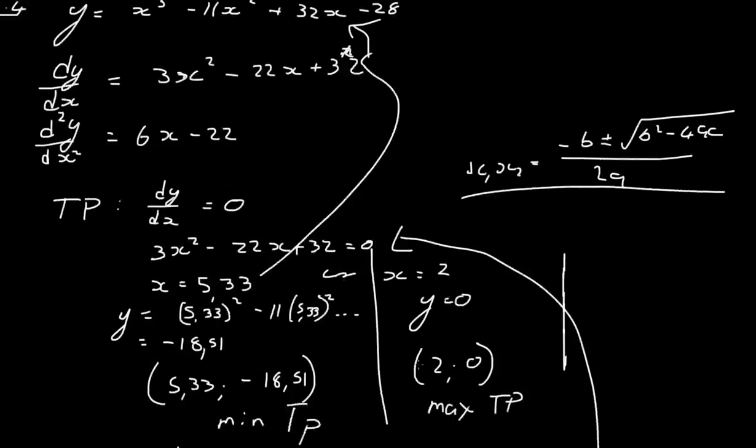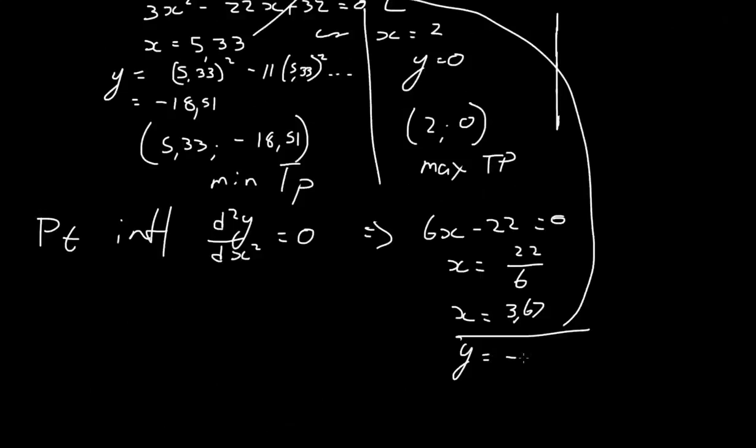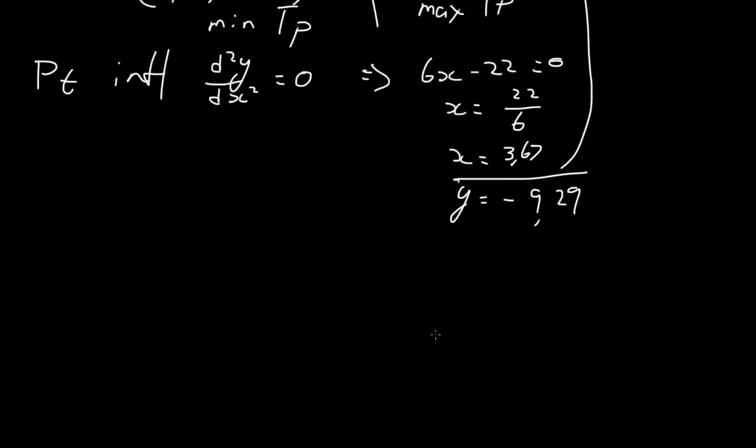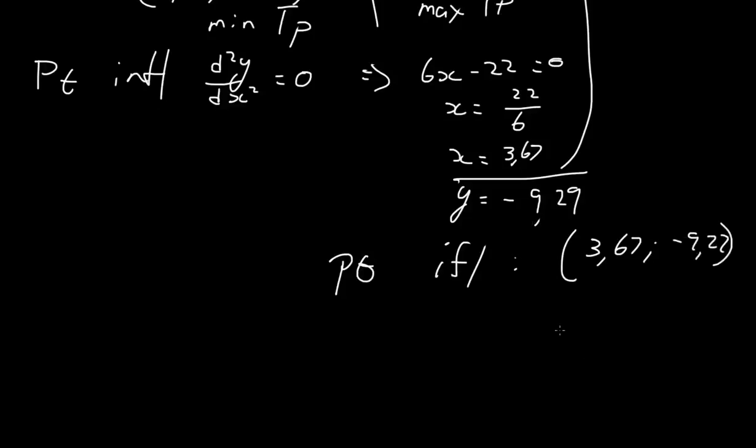Our answer is minus 9.29. So our point of inflection, written as an ordered pair, is (3.67, minus 9.27). And there you go, there's your point of inflection.